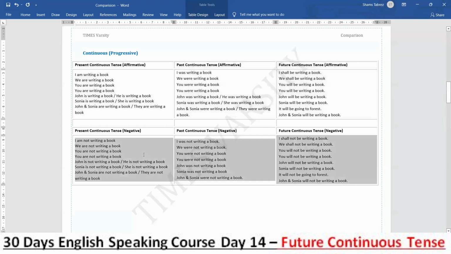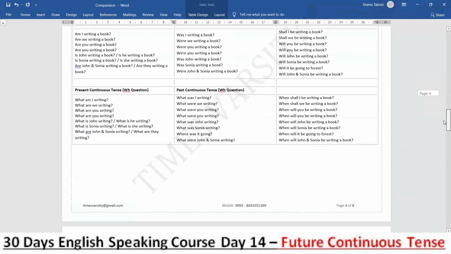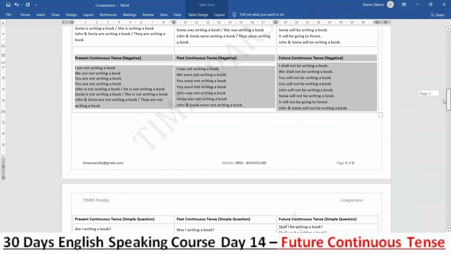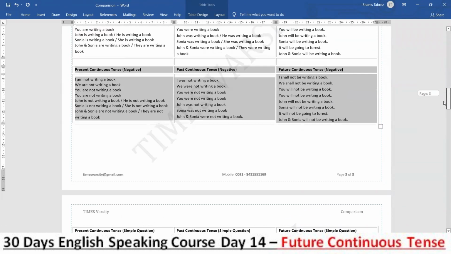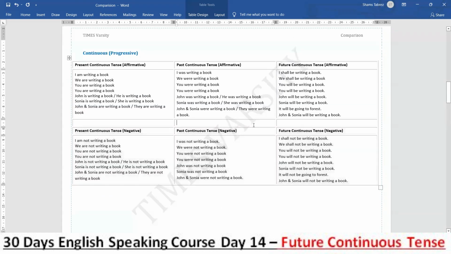Similarly, comparison of negative in all three tenses, a simple question and WH question. So would anybody like to explain the differences? What difference do you find?